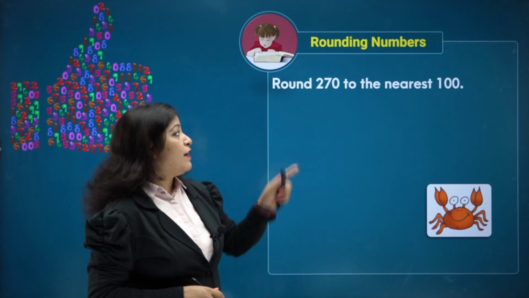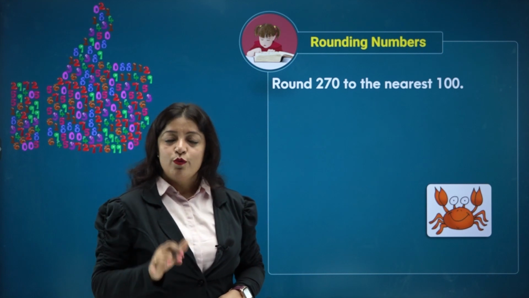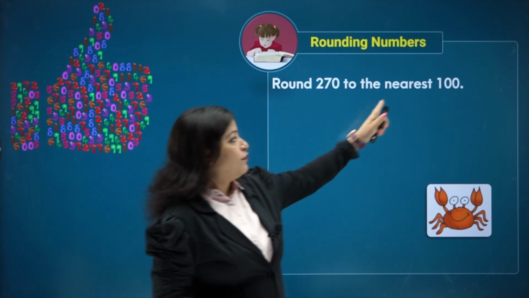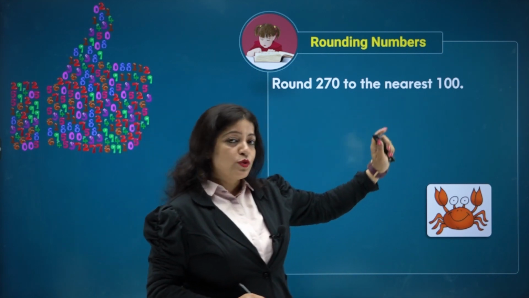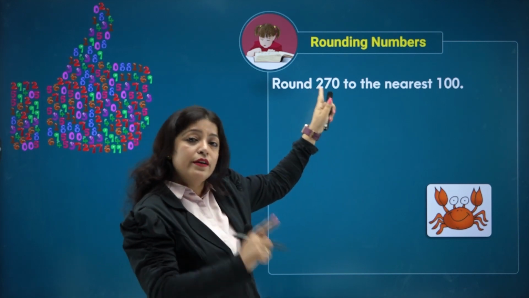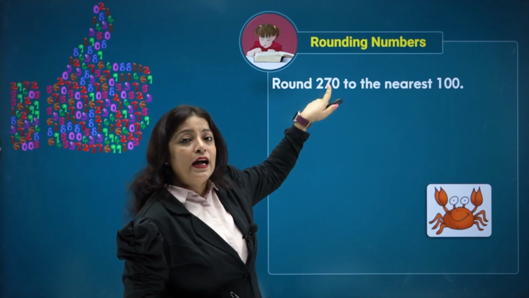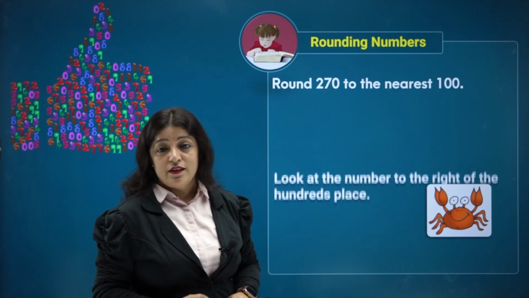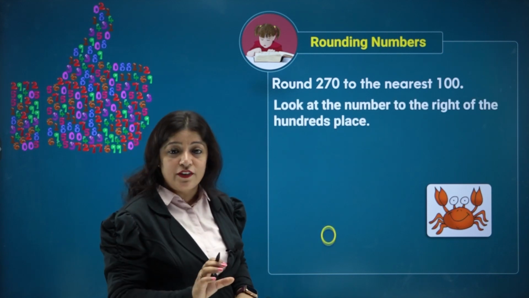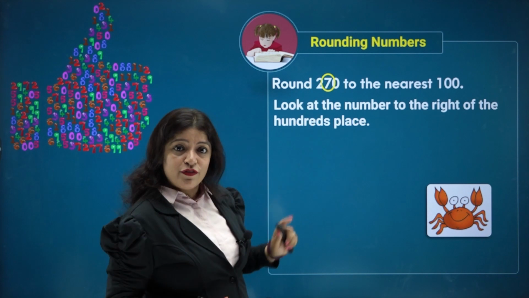For example, if we have to round off 270 to the nearest hundreds. We have to see the digit which is next to the hundreds place. Next to the hundreds place is the tens place, and the digit here is 7. Now, 7 is greater than 5?